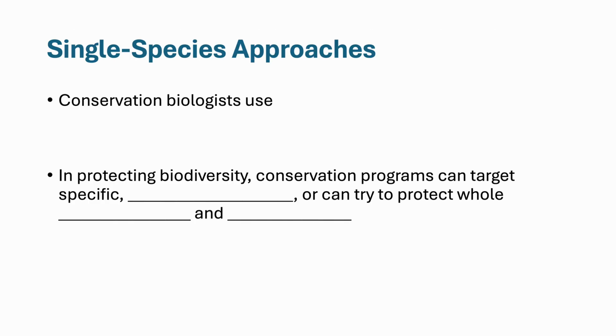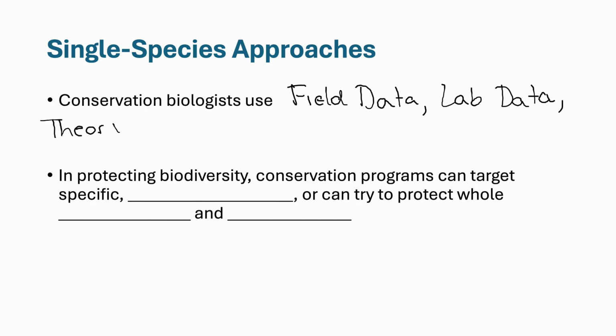Now, in conserving biodiversity, sometimes we have a single species approach. Conservation biologists use field data, lab data, theories and experiments to study the effects of people on other organisms.